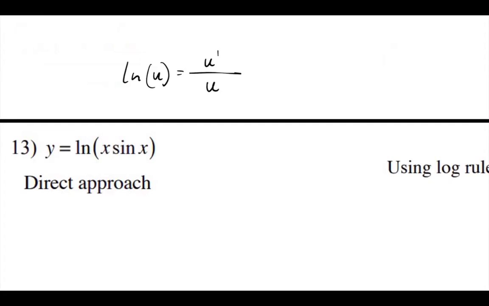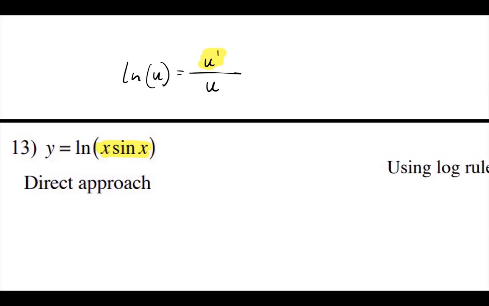Whatever was in there to begin with, we put on the bottom, right? That's what we do. Now look at the inside of this guy right here. How would I find the derivative that goes on top? What would I need to do? Product rule, yeah, I would have to do product rule.